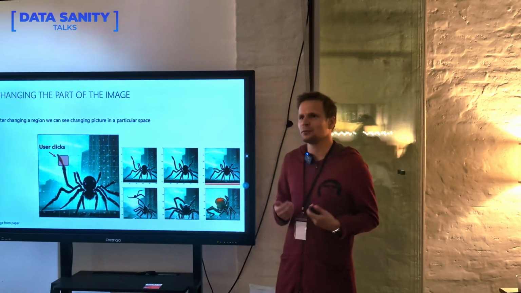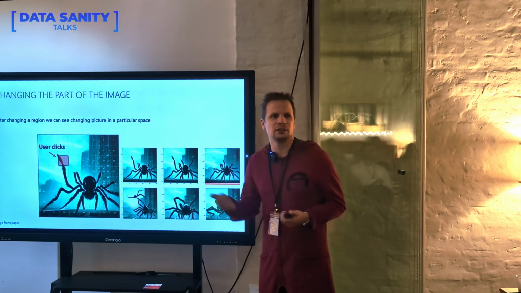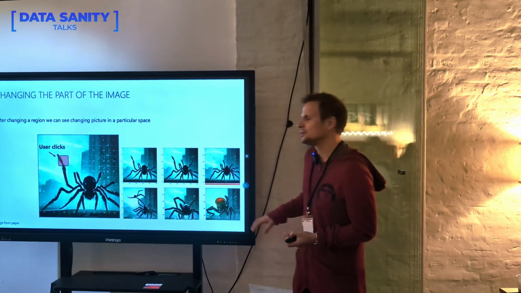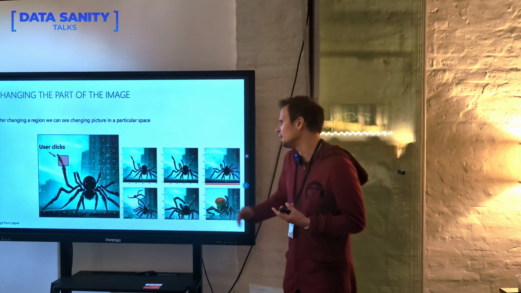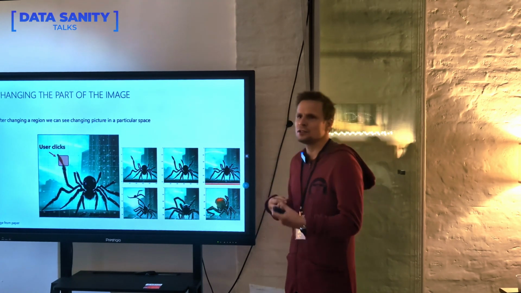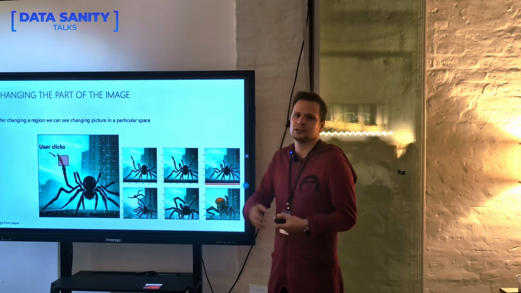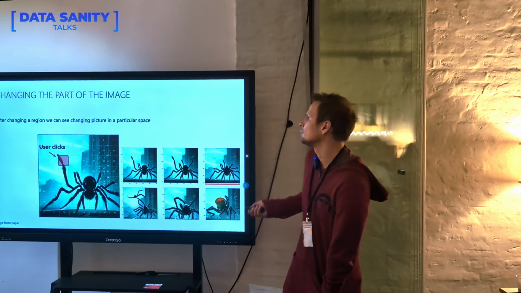But for a neural network, it's almost impossible to understand what the user really wanted to change. And here we can generate a bunch of images with different amounts of change to say, okay, now you can select. And another great thing here is that we can generate it iteratively, so we don't need to rerun it from scratch every time. We just generate it iteratively, building one based on another one.